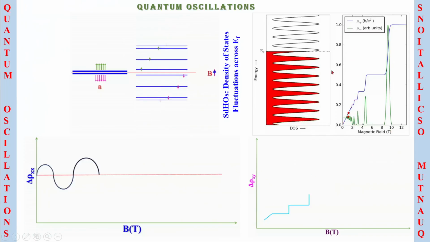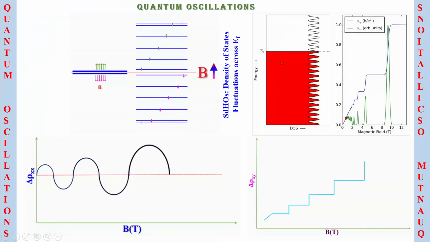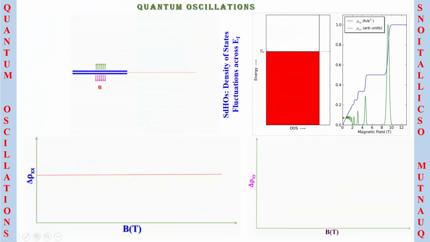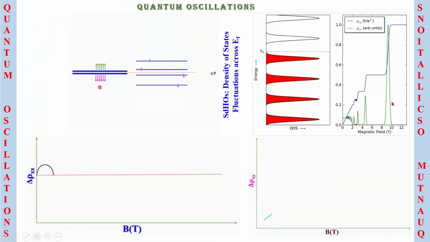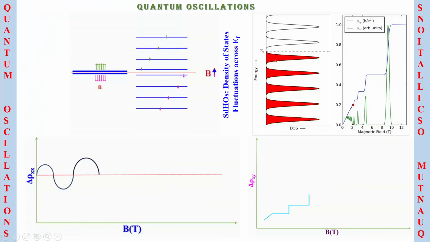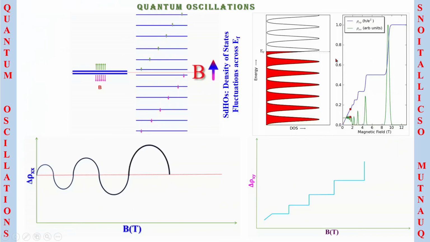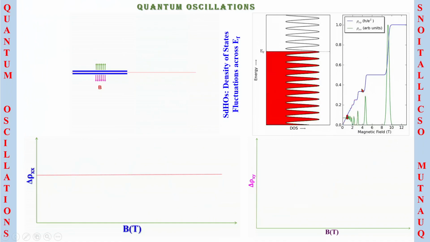Again, with the increment of the magnetic field this passes the Fermi energy, showing the quantum oscillations with the magnetic field, and at a particular high value of the magnetic field this is suppressed because the electron cannot further cross the Fermi energy. So this suppresses the quantum oscillations at a very high value of the magnetic field, so it breaks.